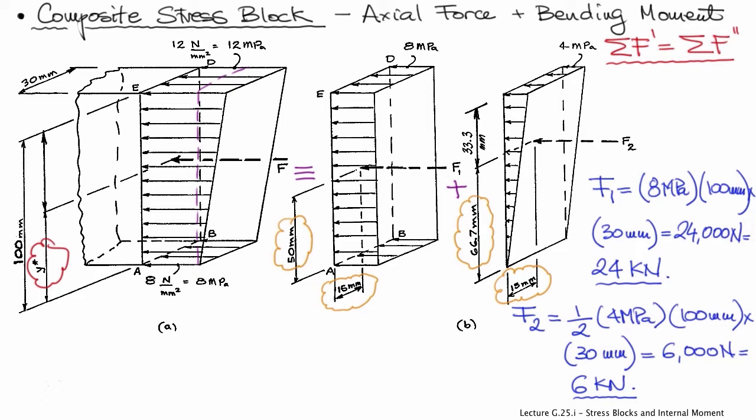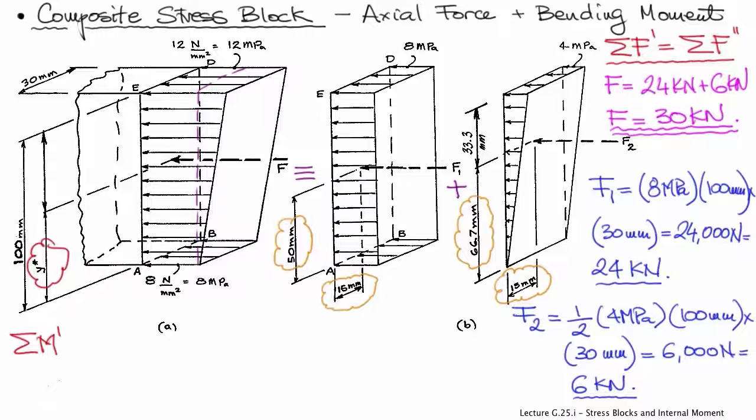So again, for equivalency, the first equation is that the sum of the forces on diagram A equals the sum of the forces on diagram B. So that's already satisfied by summing F1 and F2, which gives us the magnitude of F equal to 30 kilonewtons.